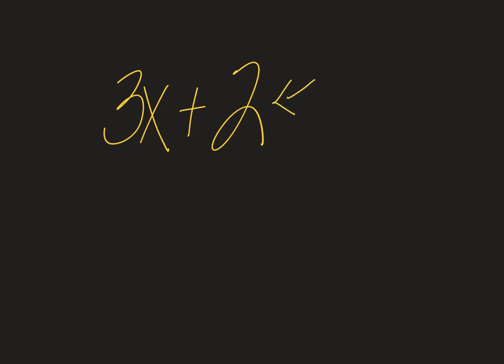3x plus 2. Now, let's actually break it down and talk about what each part of this expression is. This 3 is referred to as what? The book calls it a numeric coefficient because it's a number, but you'll hear me commonly refer to it as just the coefficient.